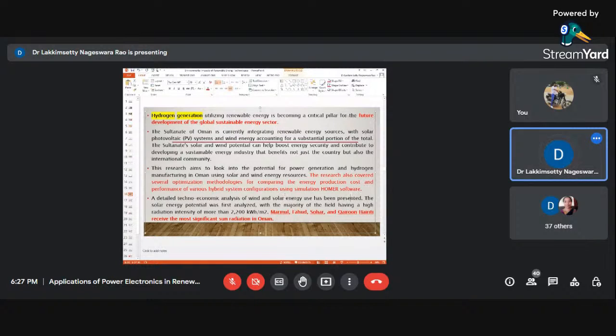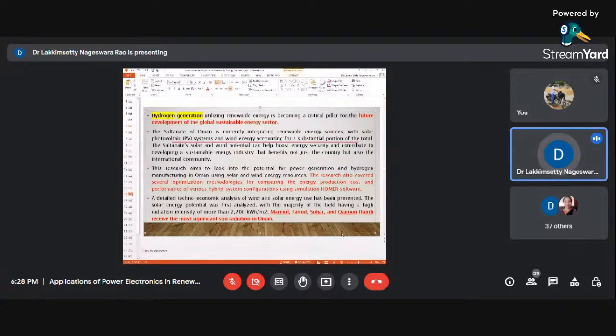For this, several optimization methodologies or techniques were adopted for comparison of the energy production cost, especially various hybrid system configurations using the simulation software Homer. They are using Homer software for the configuration of these energy sources.